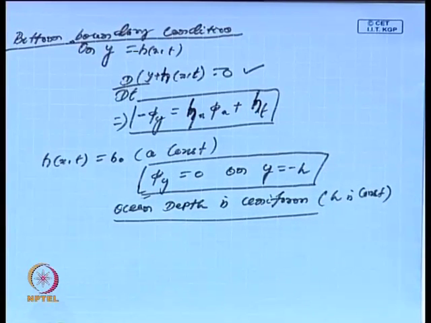Now, coming back to the surface boundary condition, because the problem is highly nonlinear, we cannot handle the problem even in the simplest case, that means associated with the two dimensional Laplace equation. Because of the presence of the nonlinearity, we cannot handle this problem in general. So, what do we do?